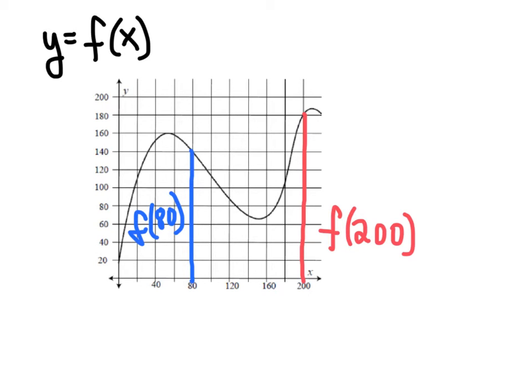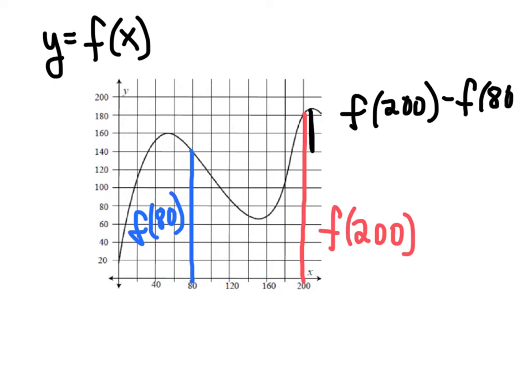Finally, we can represent the difference, f of 200 minus f of 80, using a line segment that is the difference between their lengths. We have drawn line segments to reason in this way in the past, but now we want to connect that understanding to our use of function notation.